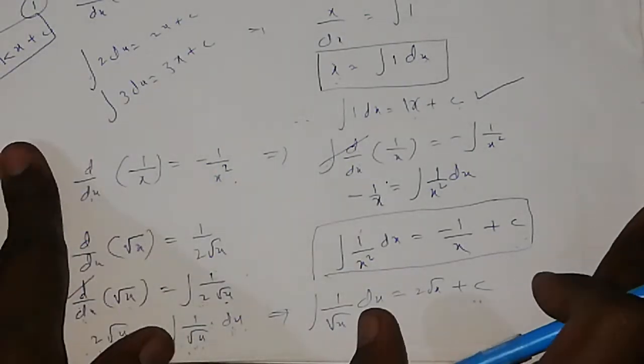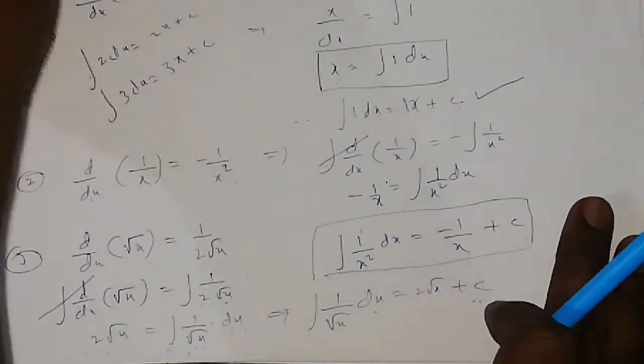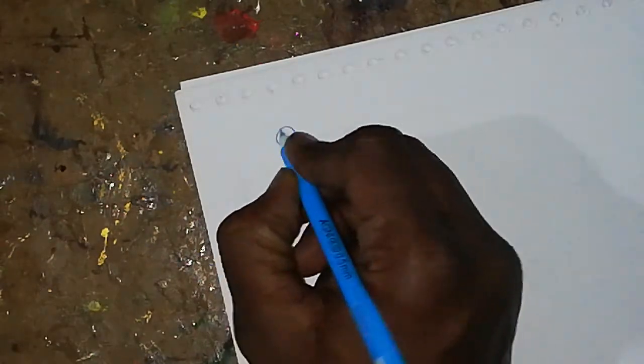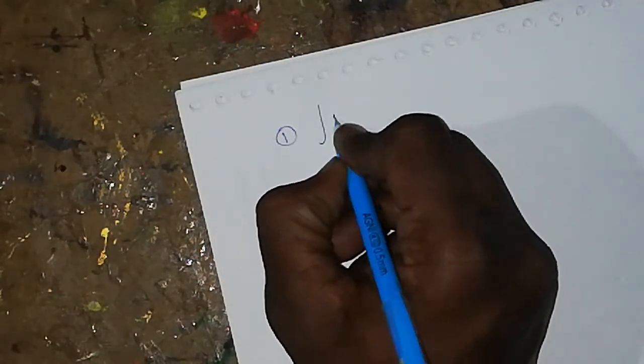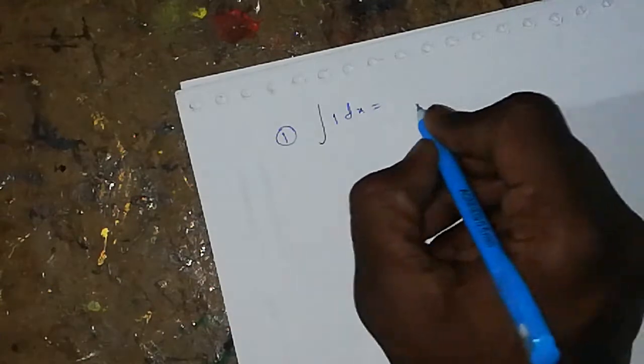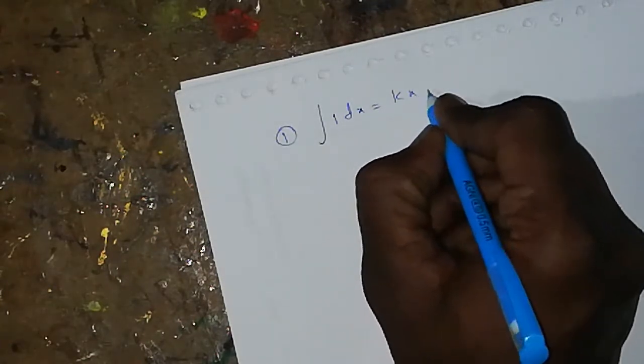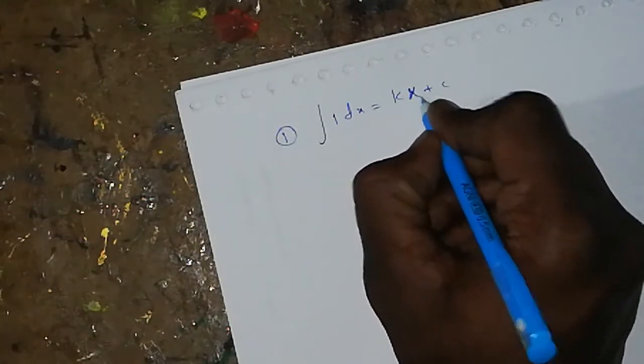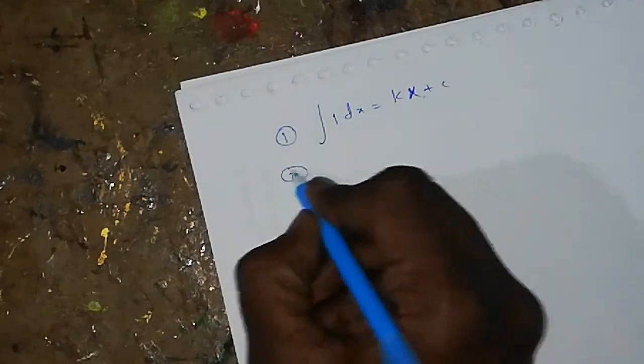Now I am writing some more formulas, showing the relationship between differentiation and integration. So integration of 1 dx is equal to x plus c. What is the second formula?